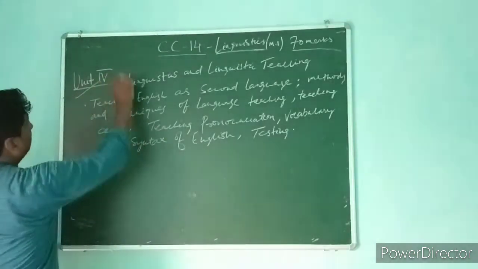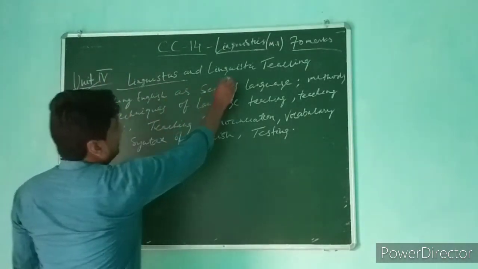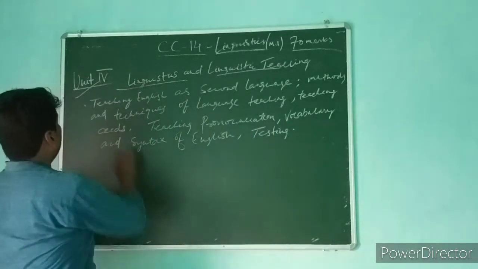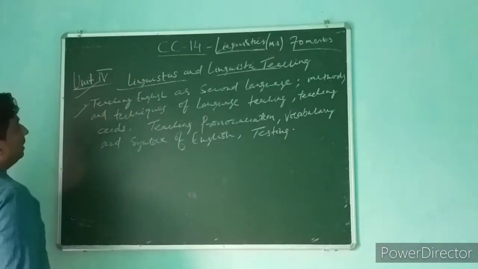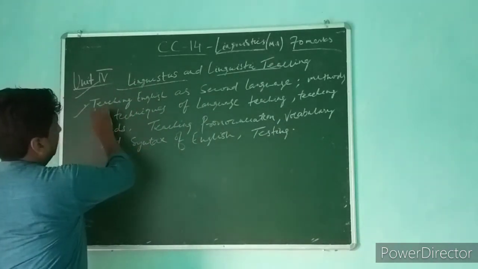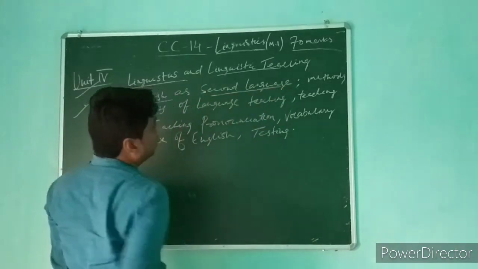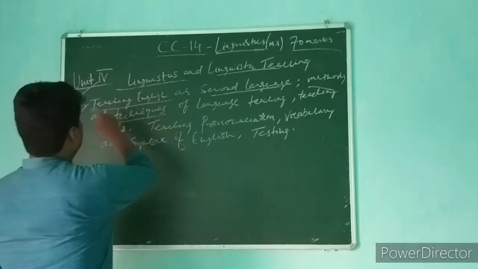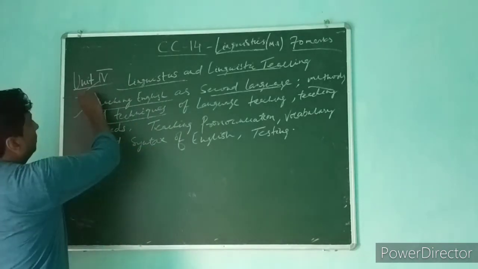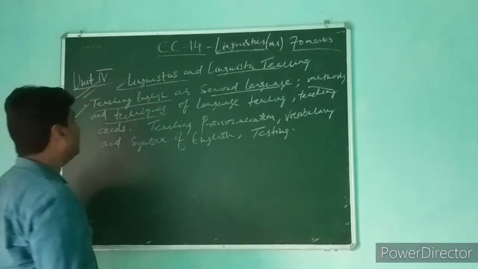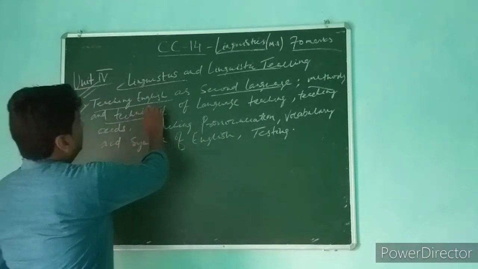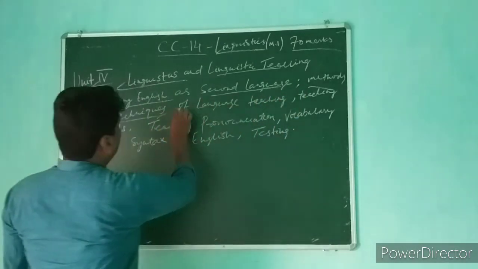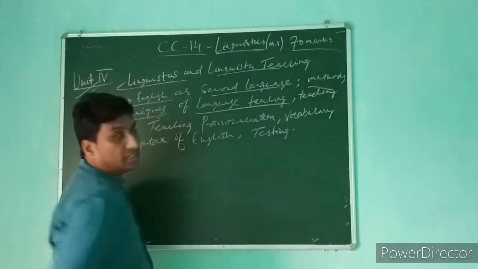Okay, and our unit 4 is linguistics and linguistic teaching, right? And within this unit, what we have to study? We have to study teaching English as second language, methods and techniques. So this is our first subtopic within unit 4, which is linguistics and linguistic teaching: teaching English as second language, methods and techniques of language teaching.